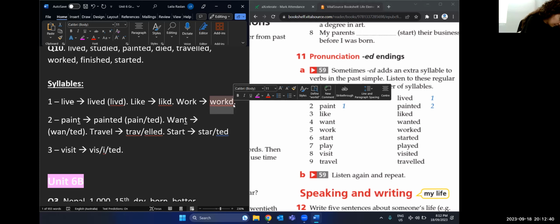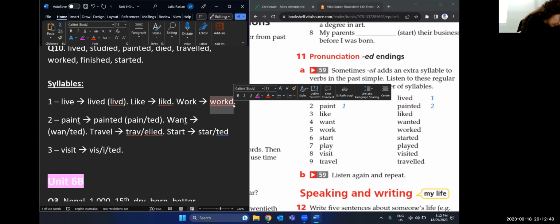Visit. We know it's that verb that has an I in the middle. So it's one sound, visit. Sorry, two sounds, visit. But with the ED, it's three sounds. Visited. The ED has its own sound. So visit is two sounds, but visited is three sounds.